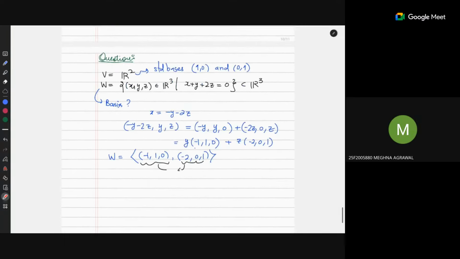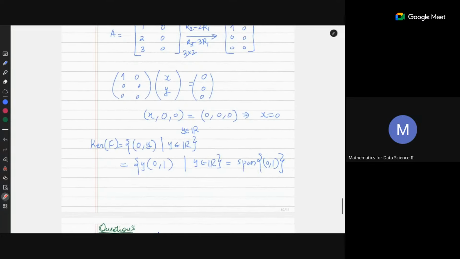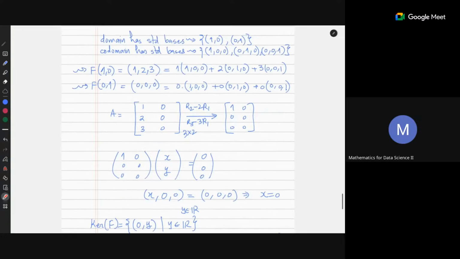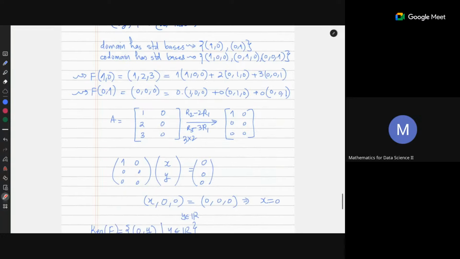Sir, can you repeat just the last statement you were saying, that the 0, 1? Yeah. So 0, 1 correspond to the coordinates with respect to the basis of domain. Okay.